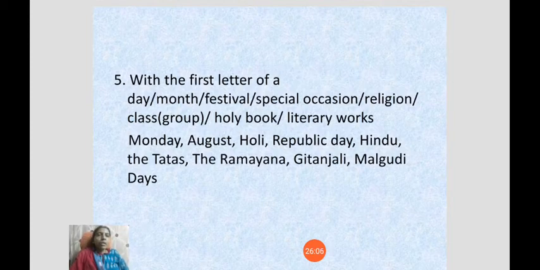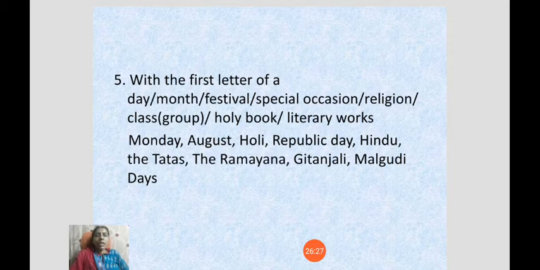With the first letter of a day, month, festival, special occasion, religion, class, holy book, or any literary work, we use capitals. So let's take one by one. Day.